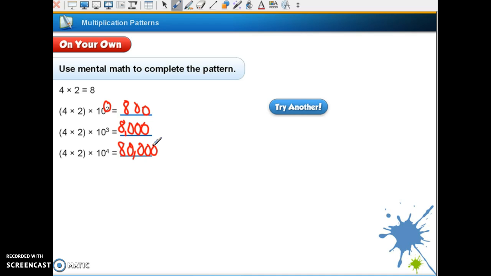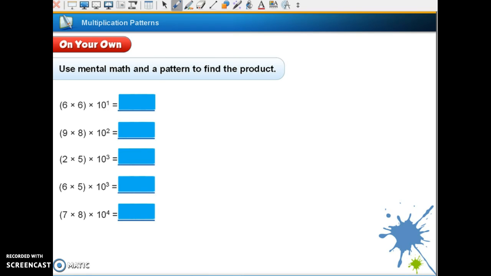So the only thing that can really be tricky about this is if when you multiply, like in this one, 2 times 5, and you get 10, you still have to remember to add 3 zeros. And in this one, when you get 30, you have to remember to add 3 zeros.